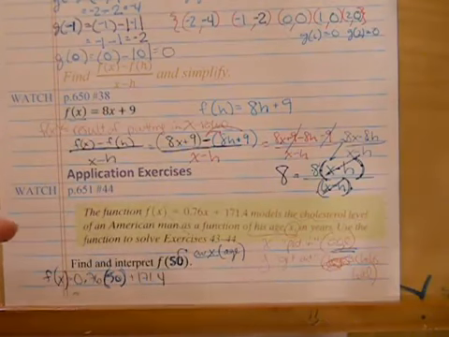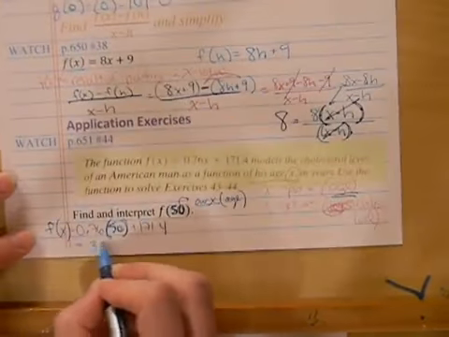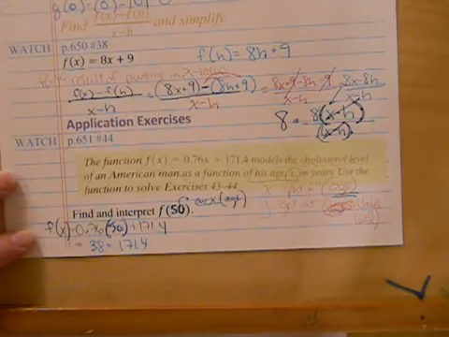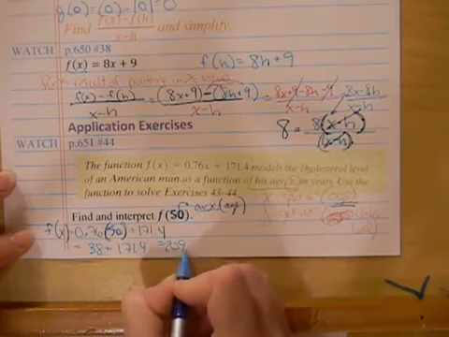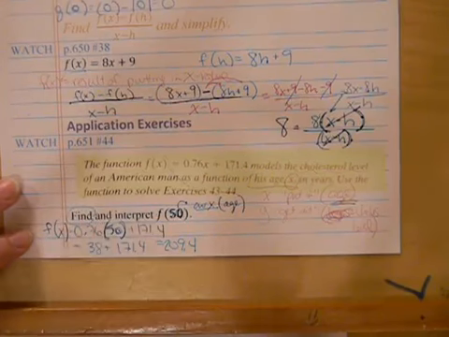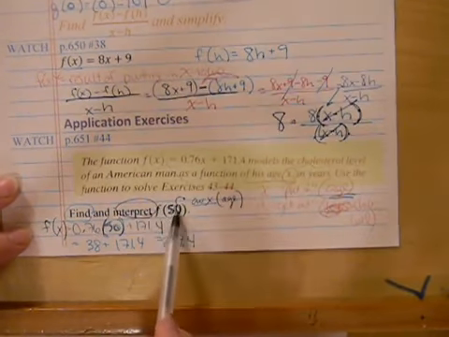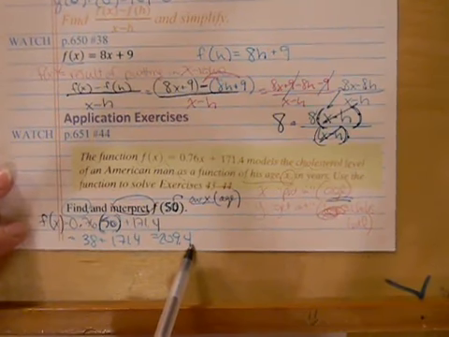Okay, so when you work that out, I'll go ahead and grab my calculator here. The 0.76 times 50 gives you 38, plus 171.4 gives you 209.4. So find and interpret means you do the math and then you tell us what it means. So we did the math, putting 50 into our function and getting an answer, 209.4.